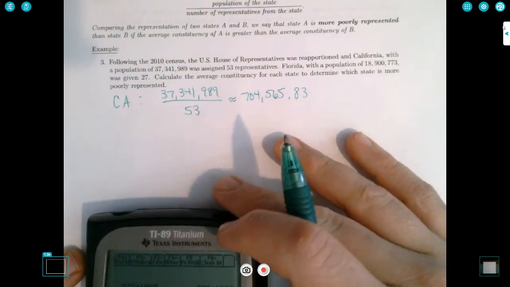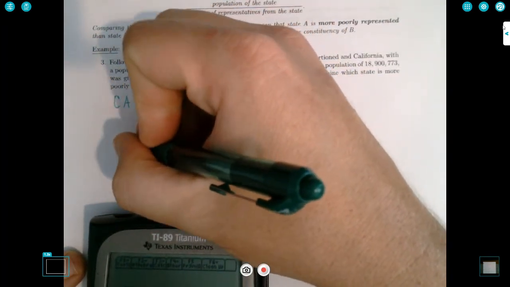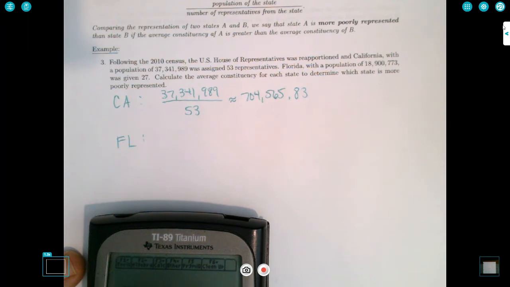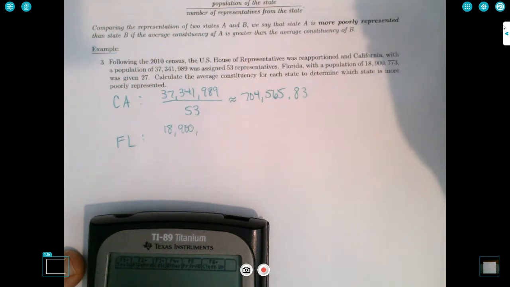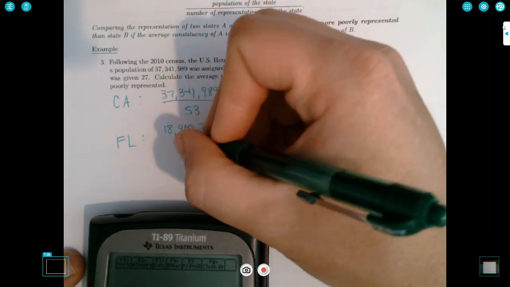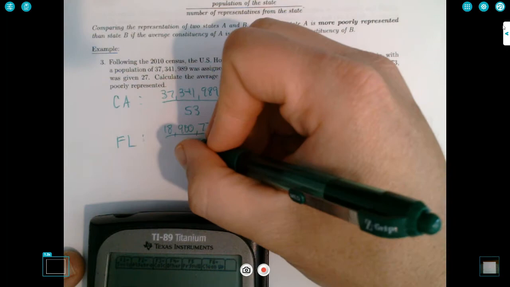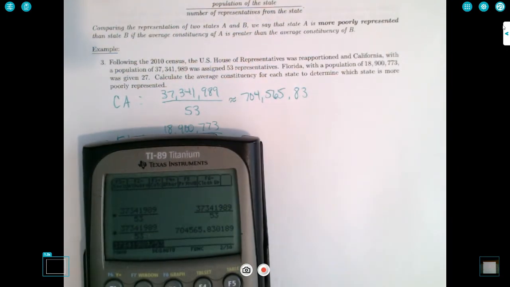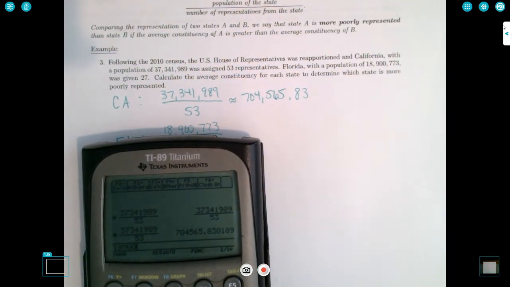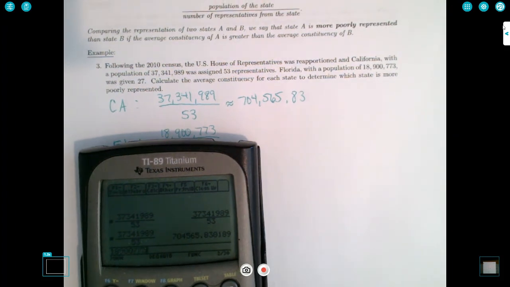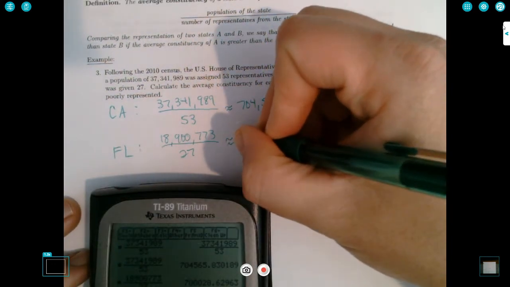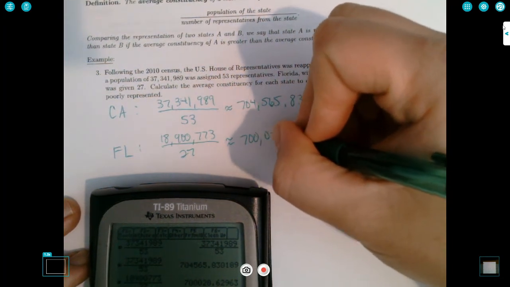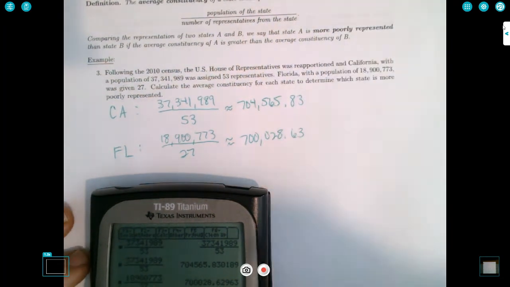What about for Florida? For Florida, the population was 18,900,773, and the number of representatives from Florida was 27. So 18,900,773 divided by 27 is about 700,028.63-ish.